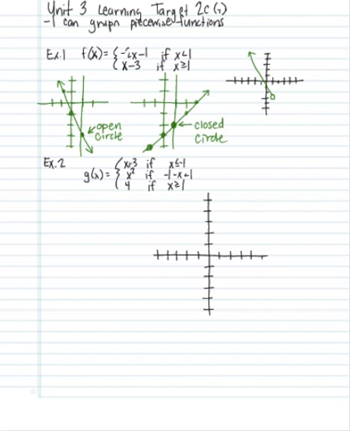I'm going to put a closed circle at that exact same spot, over 1, down 2. And I know my slope moves up 1, over 1, up 1, over 1. And we only want the graph on the right side. We only want it for numbers greater than or equal to 1. So this is what that final piecewise graph would look like.